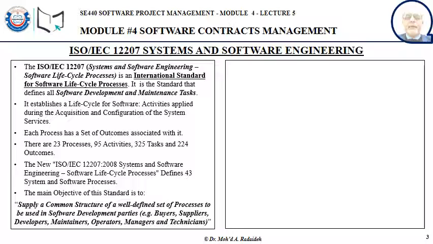Now, the main objective of this standard is to supply a common structure of a well-defined set of processes to be used in software development activities and to be used by the parties who are involved in software development, such as the software buyers, suppliers, service providers, developers, maintainers, operators, managers, technicians, etc.